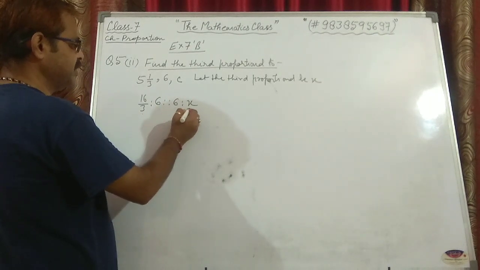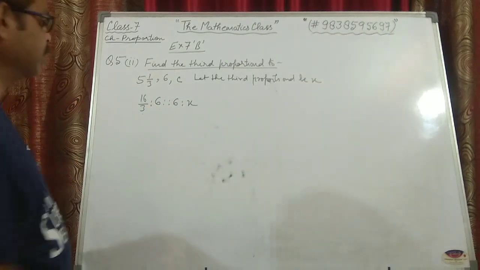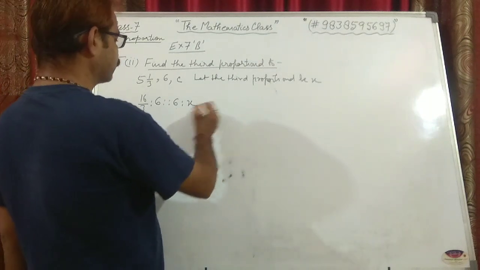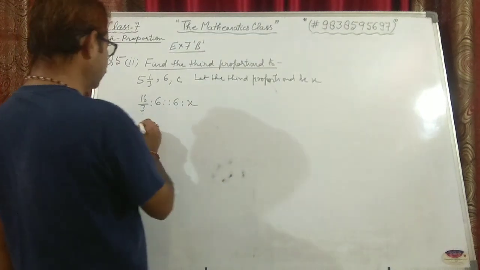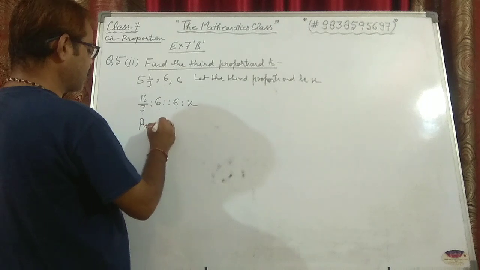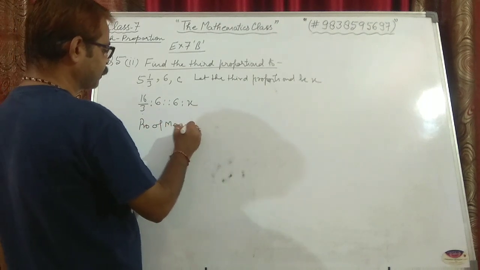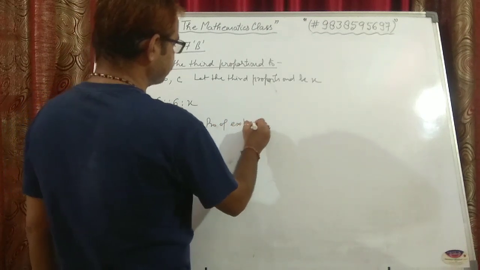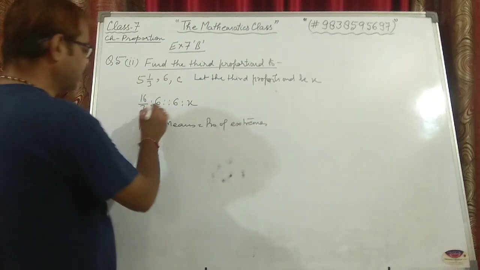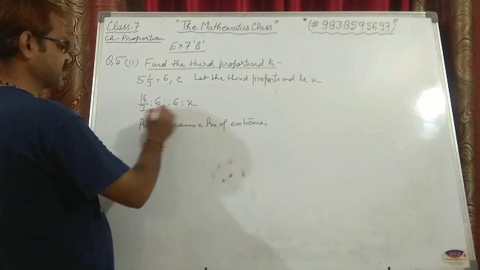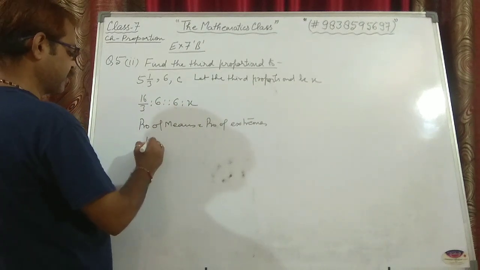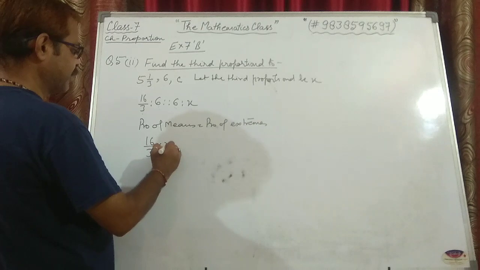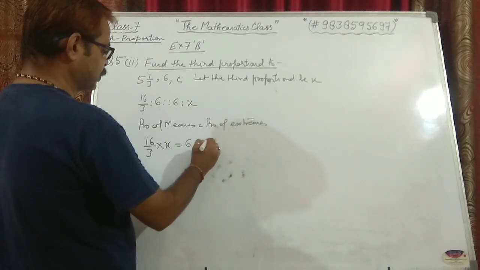A, B, B, C. So again using product of means is equal to product of extremes. So means are 6 and 6 and extremes are 16 upon 3 and X. So we can write 16 upon 3 into X is equal to 6 into 6.